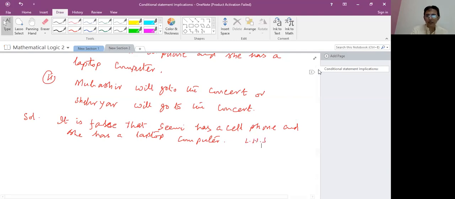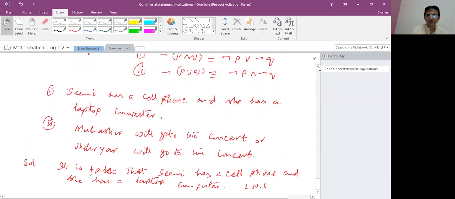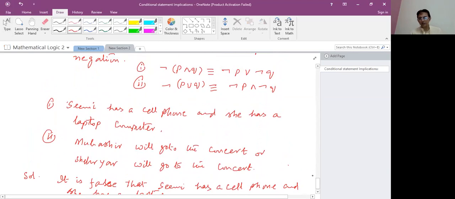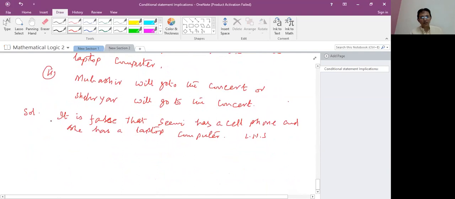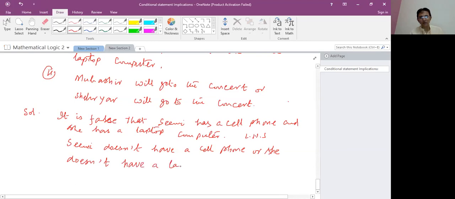But when we consider, student, the right hand side, negation P or negation Q, it means Simi doesn't have a cell phone or she doesn't have a laptop computer.